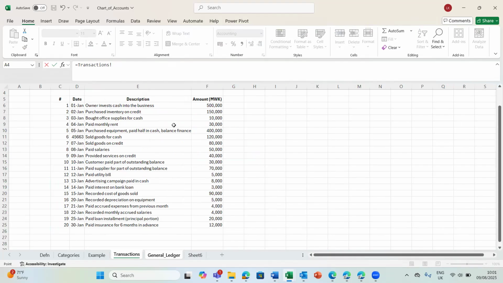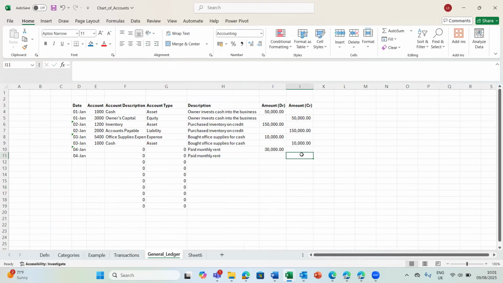So how much is the figure we're talking about? It's 30,000. So when we pay monthly rent, what are we debiting? What are we crediting? So if we pay by cash, it means cash is leaving our business, right?